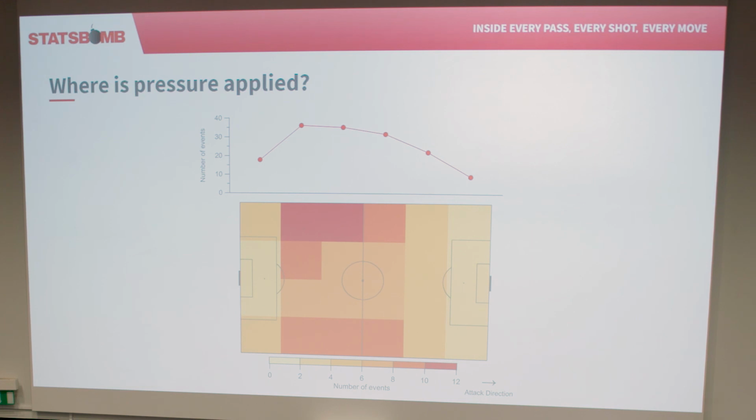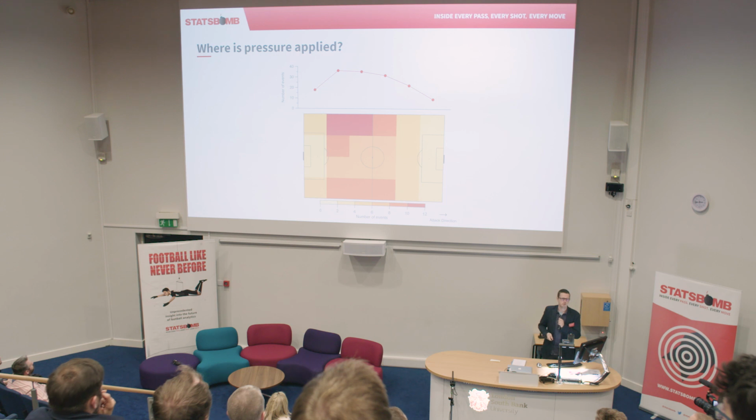So where does pressure actually happen? If we just take the pressure events and plot them on the pitch, what do we see? The bottom here is just a heat map, which you're probably familiar with. For each block, the intensity of the colour is the number of events in that zone of the pitch.